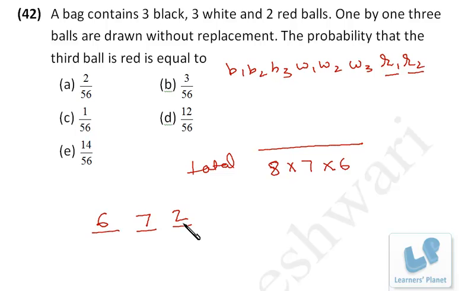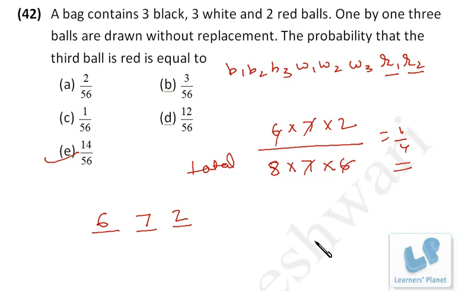Because we want the third ball to be red. So these are the favorable cases. So it's 6 into 7 into 2 over 8 into 7 into 6. So that's 1 by 4, right? So it's 1 by 4. Okay, I hope you are clear.